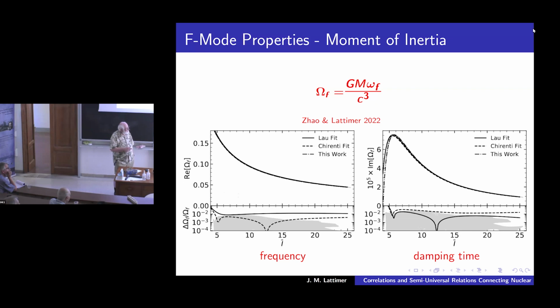And the imaginary part of the F mode frequency is basically connected with the damping time. And again, they accepted extremely low moments of inertia, which are basically for stars less than a solar mass and aren't really relevant. This part of the curve is the relevant part. And again, you see a very high degree of correlation.